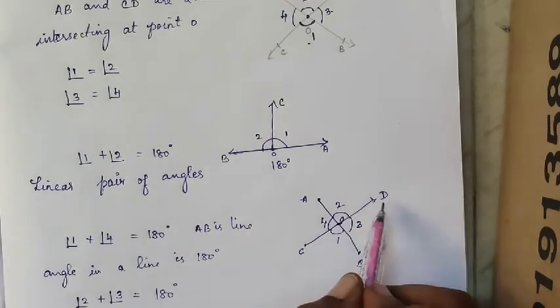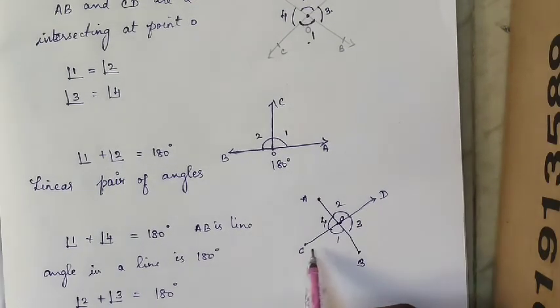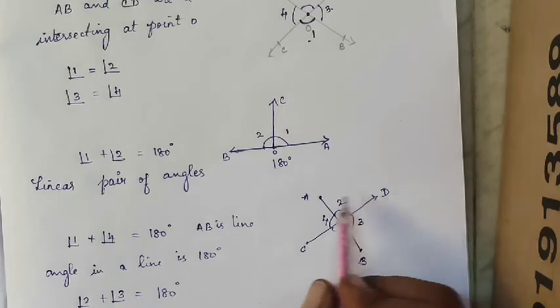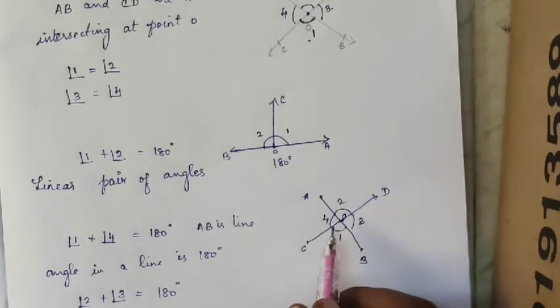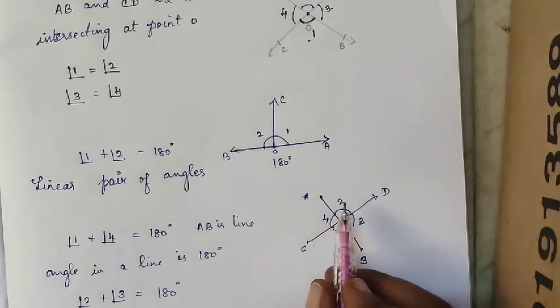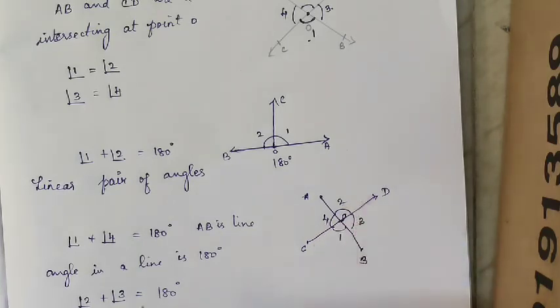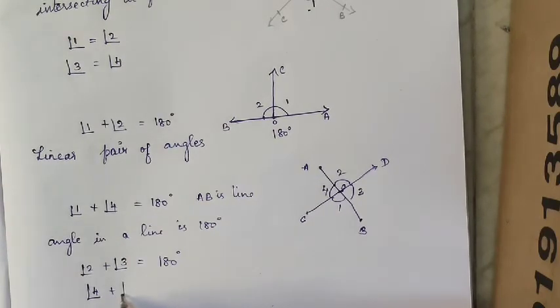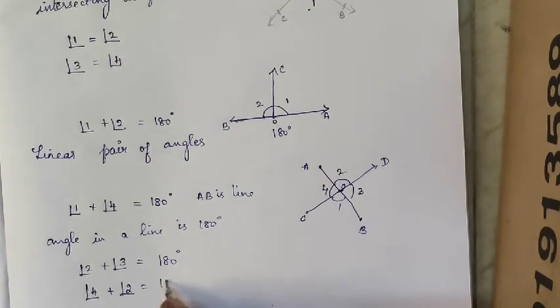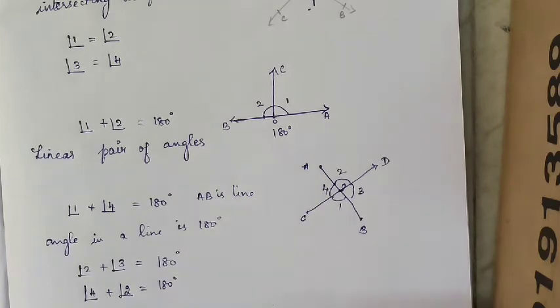The same way we can see for CD also. If CD is a line and OA stands on CD, we can write angle 4 plus angle 2 is equal to 180 degree.